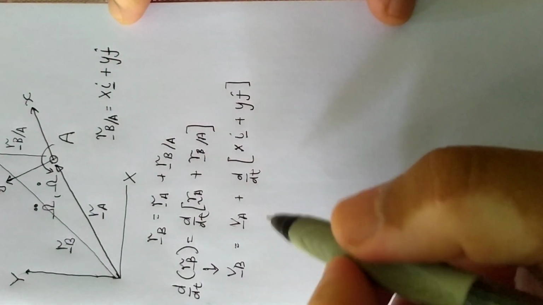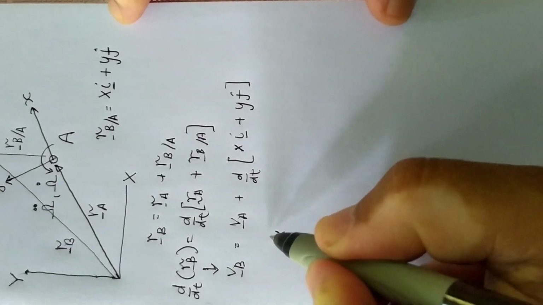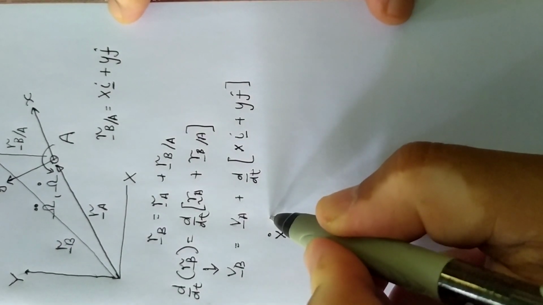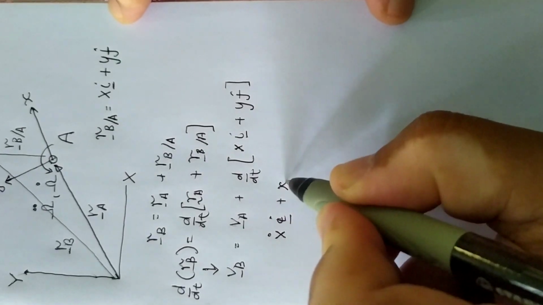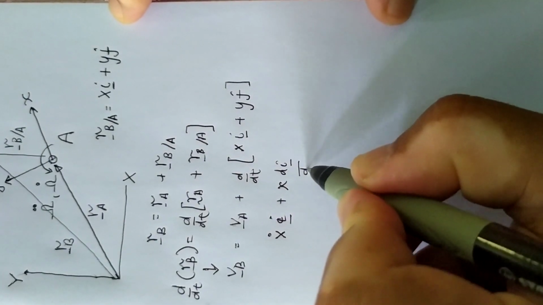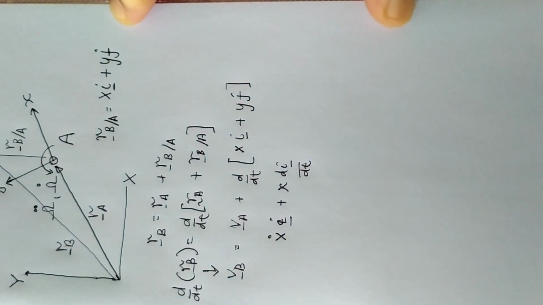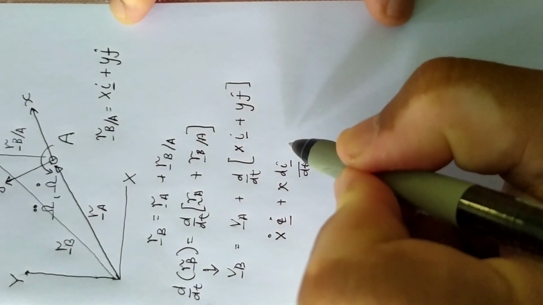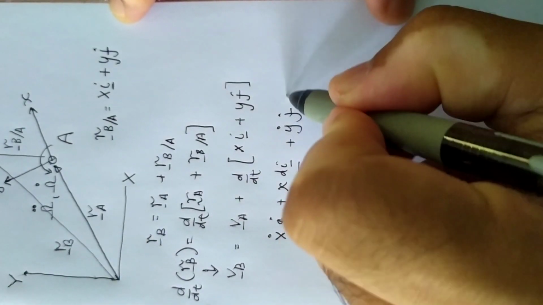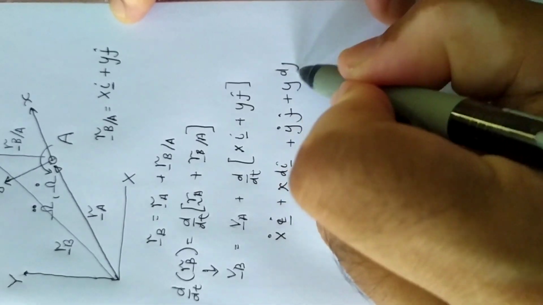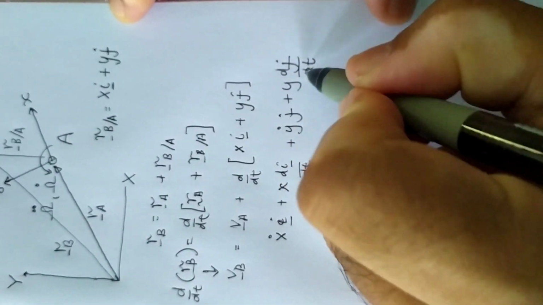So we will have x dot i plus x di over dt. Remember, i is not fixed, ij are rotating axis, plus y dot j plus y dj over dt.